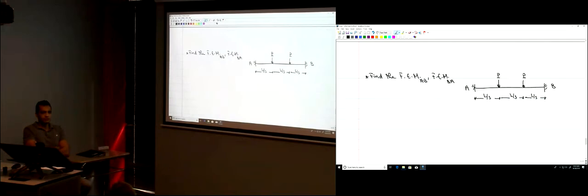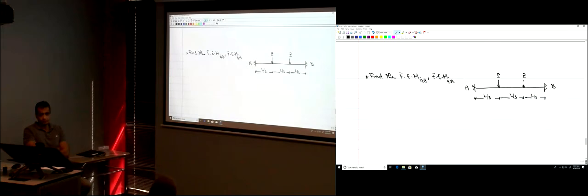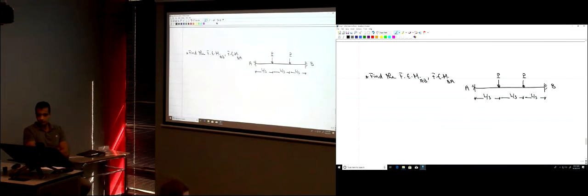And you can check your answer if it's correct or not by seeing the back of the book. Just follow the steps that we did for the concentrated force right in the middle of the beam.